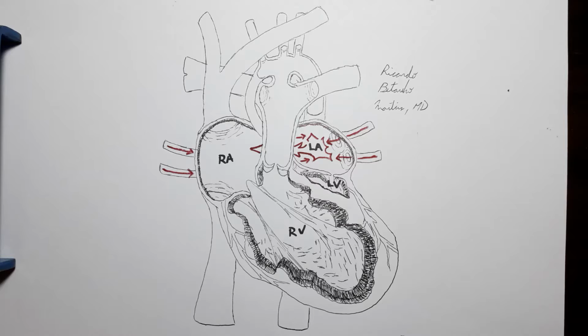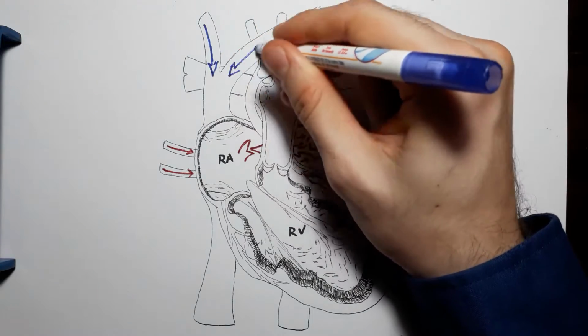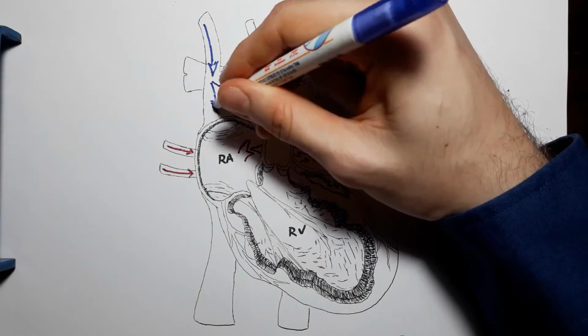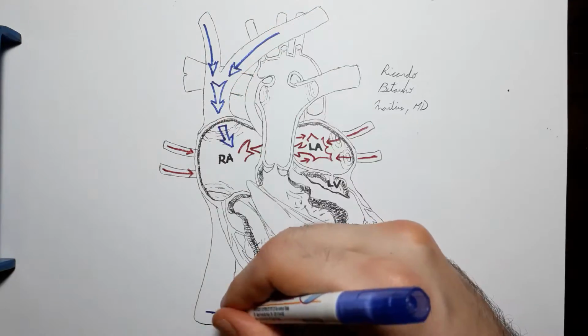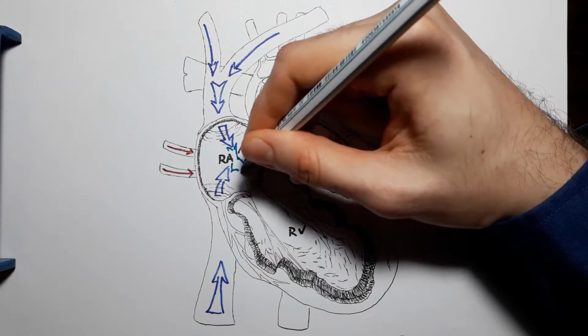There is a communication between them during embryological life, the foramen ovale, and since the blood in the left atrium can't flow to the left ventricle, the pressure will eventually force it to flow to the right atrium through the foramen ovale. There, it will mix with the deoxygenated blood coming from the vena cava, and this mixed saturation blood will then be pumped from the right atrium into the right ventricle.